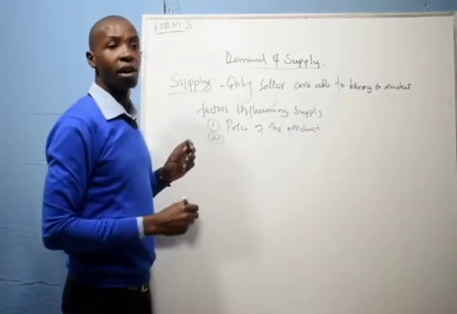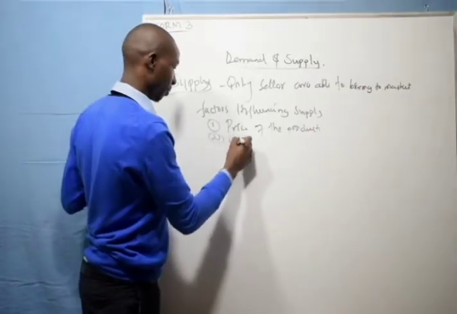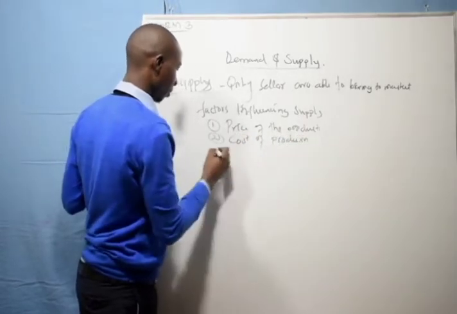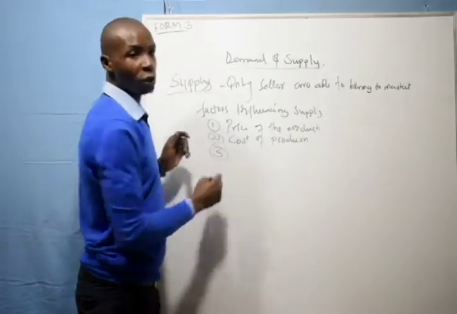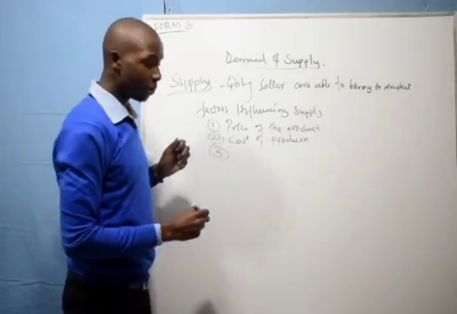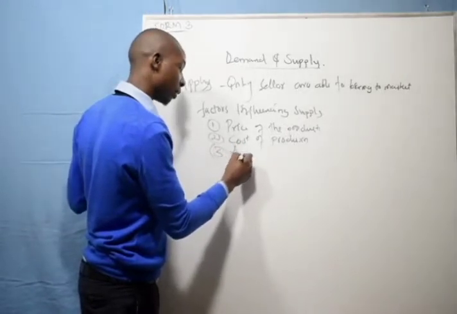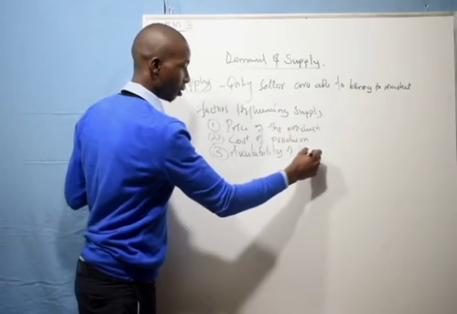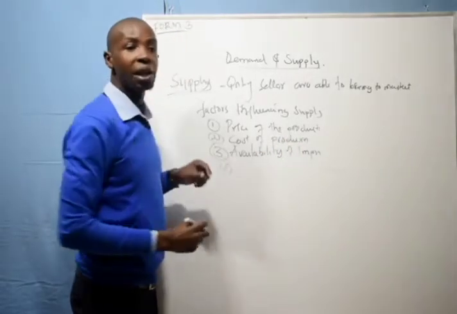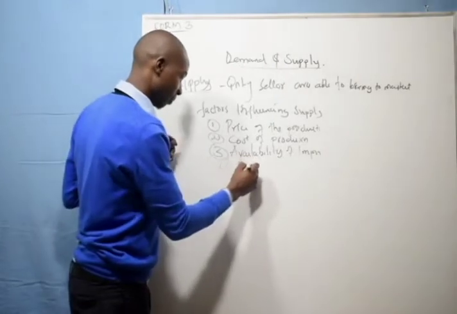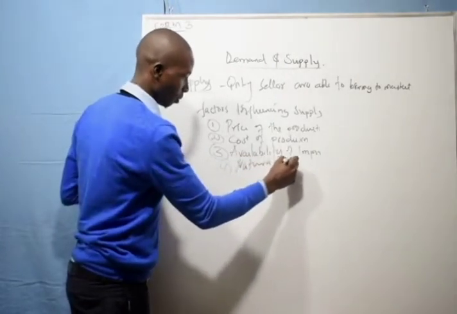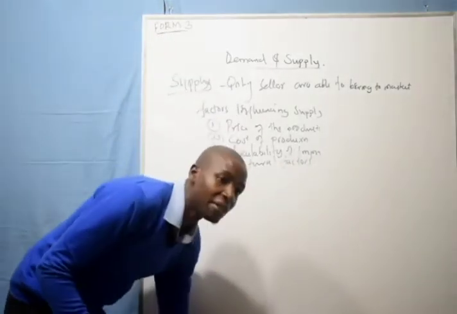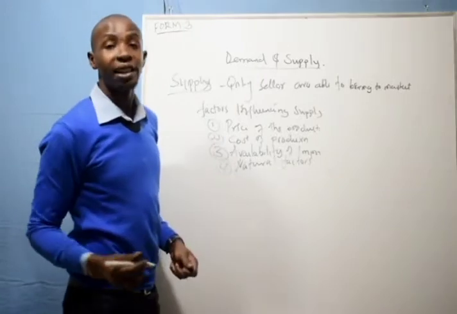Secondly, we have the cost of production. Third, we have availability of inputs. Fourth, we have natural factors. And lastly, we have the price of related products.